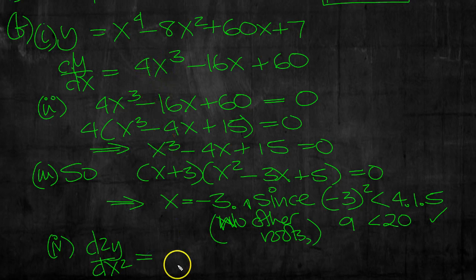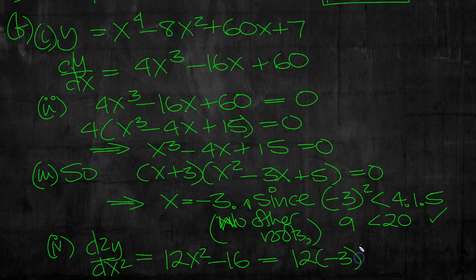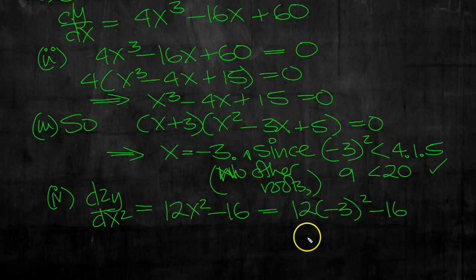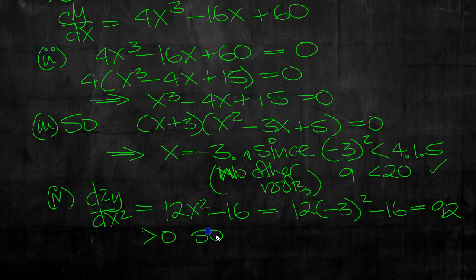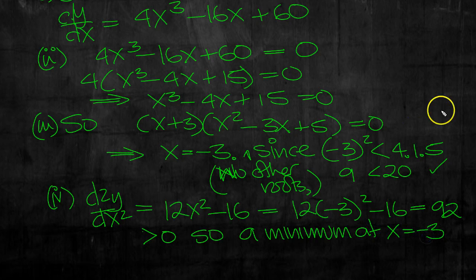Differentiate again then: 12x squared minus 16, which equals 12 times minus 3 squared minus 16. 12 nines are 108, minus 16 is 92, which is greater than 0, so a minimum at x equals minus 3.